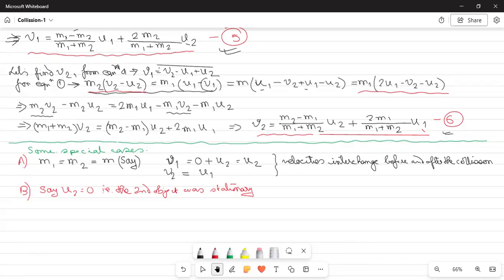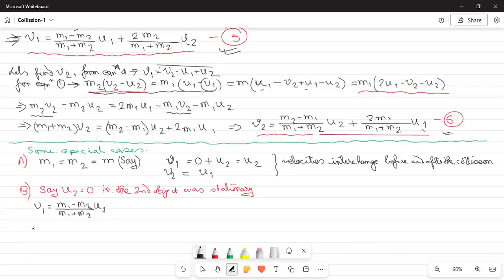If u2 is 0, then equation of v1, from equation 5 again, is m1 minus m2 divided by m1 plus m2, into u1.